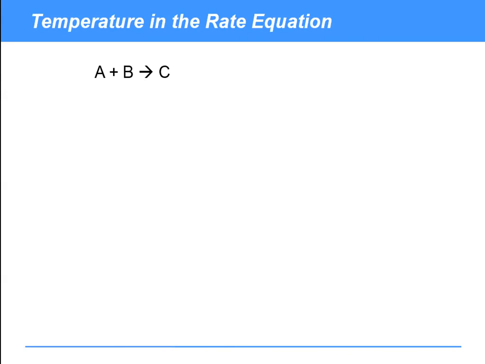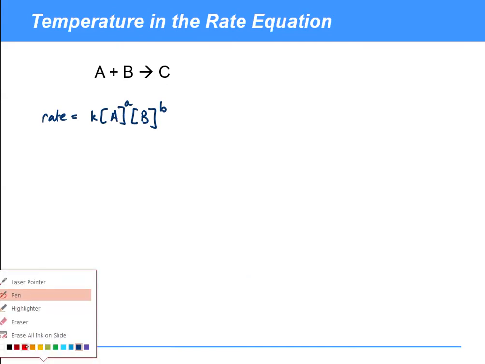Okay, now thinking about temperature and the rate equation. So imagine we've just got this reaction happening here. The rate equation for this reaction is going to be k times the concentration of A times the concentration of B, and these are going to be raised to particular powers, their orders. We don't know what those are from the stoichiometry of the equation. Now, if we think about increasing temperature, what effect will temperature have?